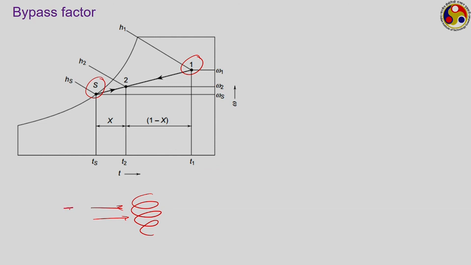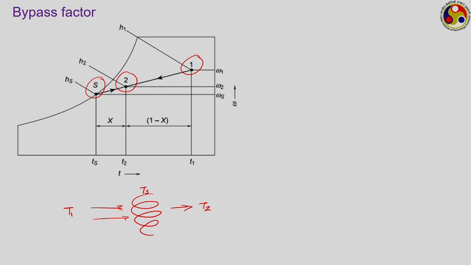So, this air is coming with temperature T1 and this coil is maintained at temperature Ts. Now, the portion of the air which comes in contact with the cooling coil will try to approach that temperature Ts, whereas the portion which is not coming in contact with this coil will probably retain its temperature T1. Therefore, the final temperature that we are going to get after the air passes through the cooling coil will not be equal to Ts, rather it will be equal to T2, this particular one, and this T2 can be visualized as a result of a mixing process between two streams.